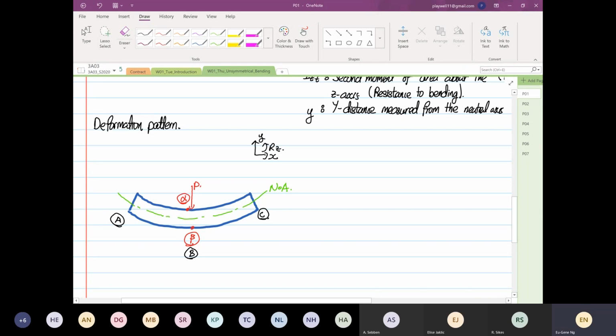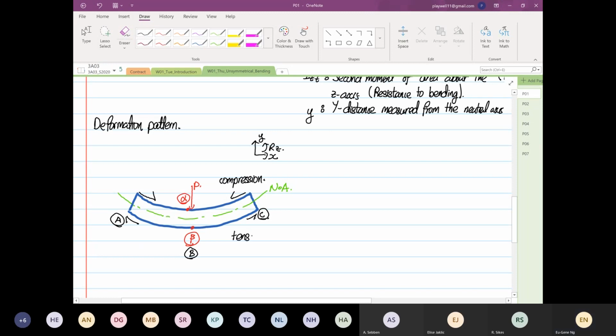So as you know, alpha will go through what? The distance has been reduced, so the top part will be under compression. And then the bottom part, the one with the beta, this will be under what?